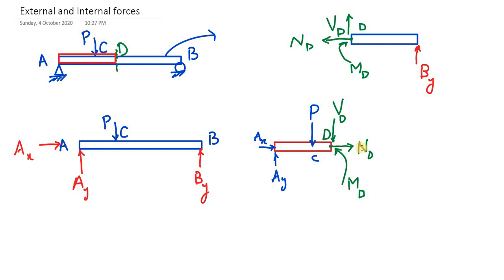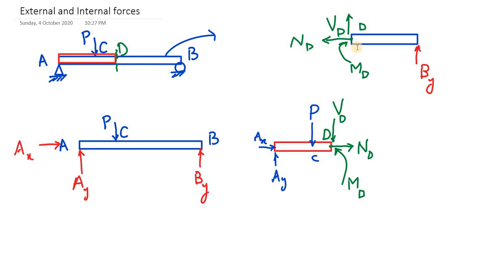This ND was acting in the rightward direction on the left segment, as the force applied by the right segment to keep the left segment in equilibrium, and by Newton's third law, the left segment will be applying the force in the leftward direction on the right segment to keep it in equilibrium. Similarly, this VD is acting downward over here, so it must be acting upward in this direction, same magnitude but opposite direction. Similarly, MD and MD on the two segments are in opposite directions by Newton's third law.